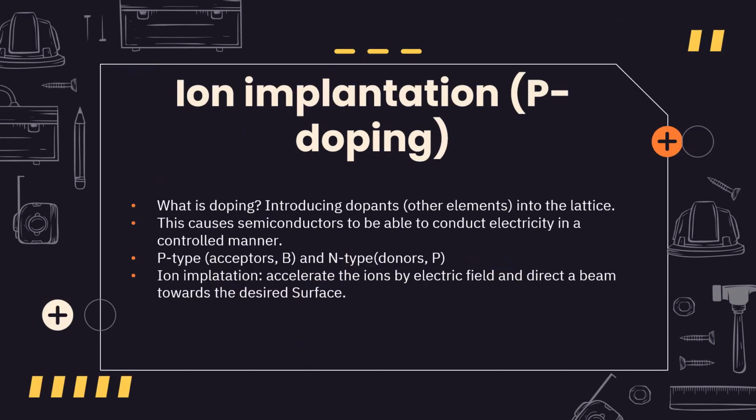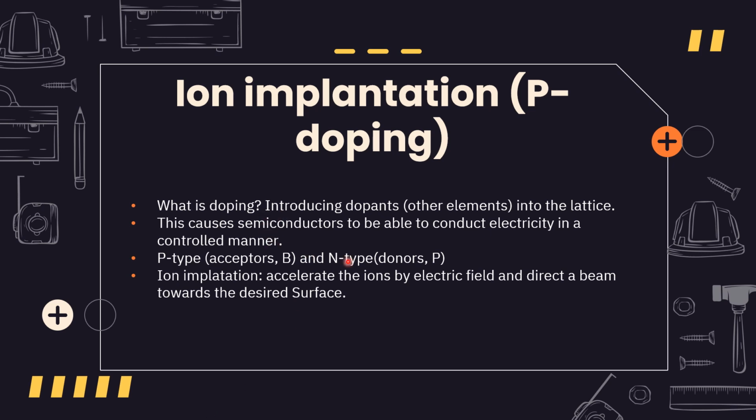Okay, so the first thing to talk about is ion implantation through p-doping. So the first thing to note is what is doping. Doping is basically introducing some dopants, which are other elements, into a lattice form of a certain type of atoms. We're usually discussing the silicon lattice.